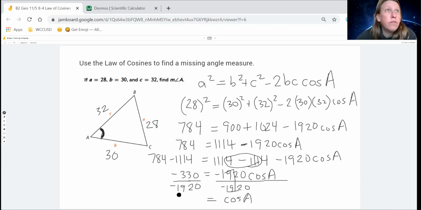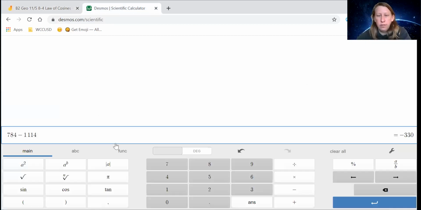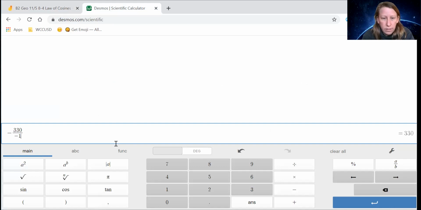So negative 330 divided by negative 1920. Negative divided by a negative is a positive. It's this little decimal. So that's all good.